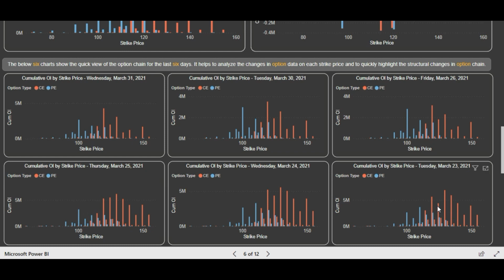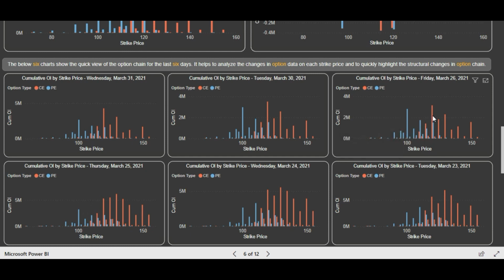Earlier you see that the major resistance level initially was 120, and since then maximum call writing has happened, and suddenly put writing came. After 26th of March you see that put writing became aggressive.